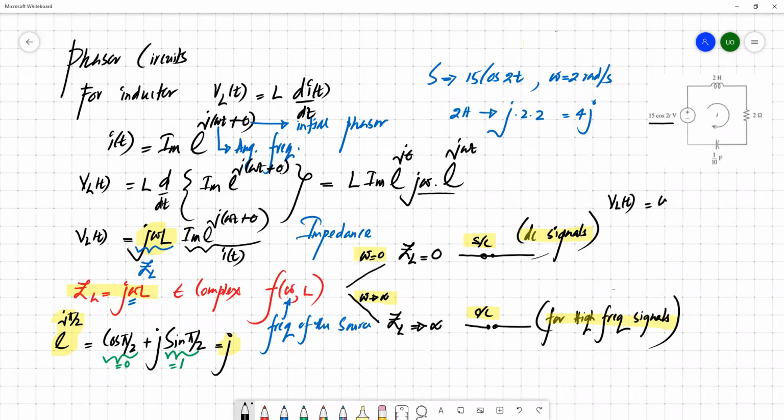So we have omega L Im e to the power j omega t, cos theta, cos 5 by 2. So then how do you evaluate the voltage induced across the inductor?